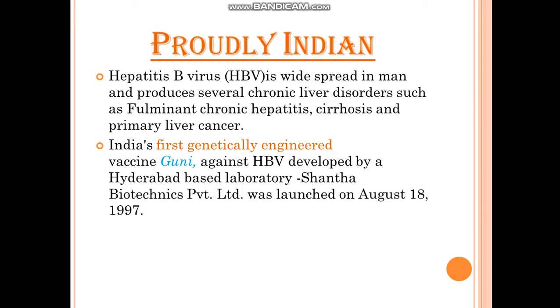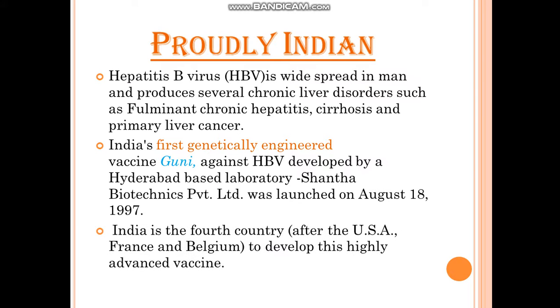So Guni vaccine, which is against hepatitis B virus, was developed by a Hyderabad based laboratory, Shanta Biotechnics Private Limited, and was launched on 18th August 1997. So it's a proud moment of India, and this makes India the fourth country after USA, France and Belgium to develop this highly advanced vaccine.